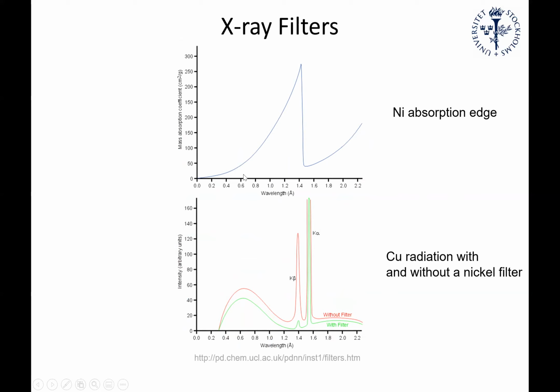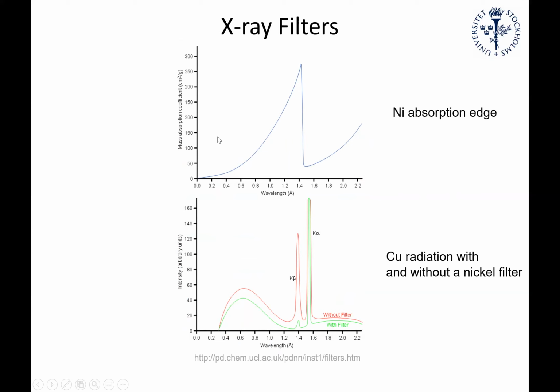So here is the absorption spectrum of nickel. Here it's plotted against wavelength rather than energy. Now, if you look at the emission spectrum of copper, if you're generating X-rays with a copper anode, you have both K alpha and K beta radiation.